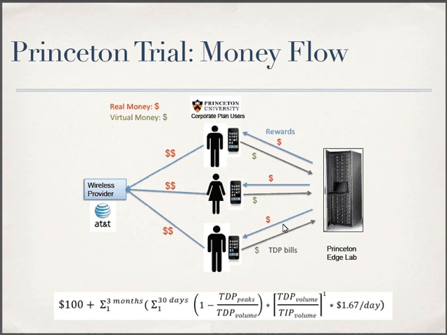And the Tube team is effectively a resale ISP now. The participants are on Princeton's corporate plan, and the university pays for their real AT&T bills, but we offer the participants a virtual time-dependent pricing plan and monitor their responses, and we offer them rewards in proportion to the flatness of the usage profile under time-dependent pricing.